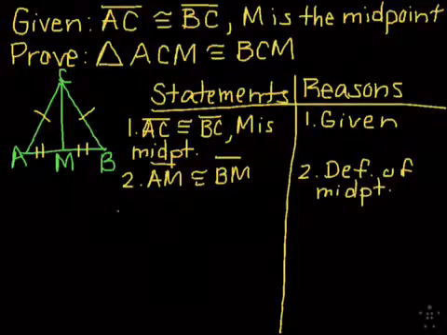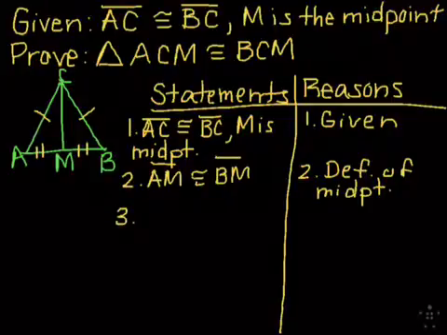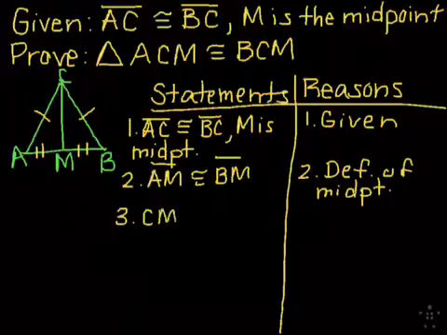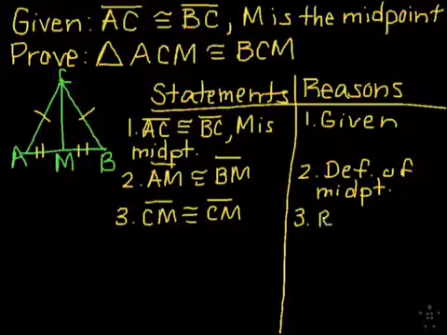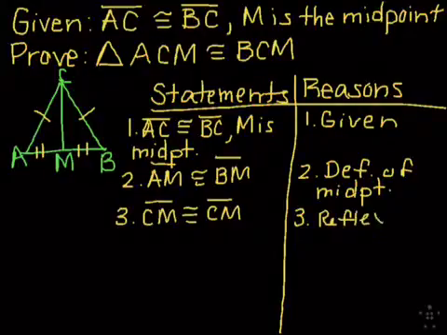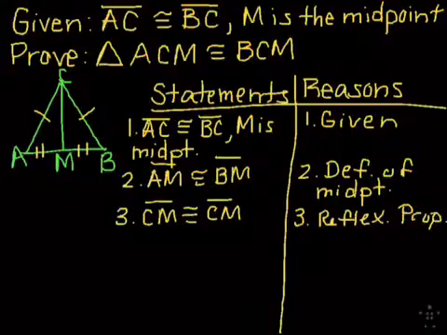Number 3. I know that side CM is shared by both triangles in our picture, so we know CM is congruent to itself by the reflexive property. So now I know that this side is congruent to itself.